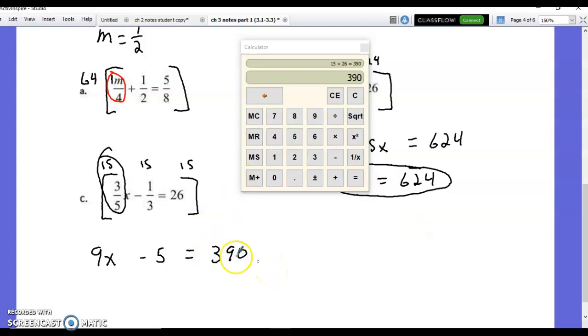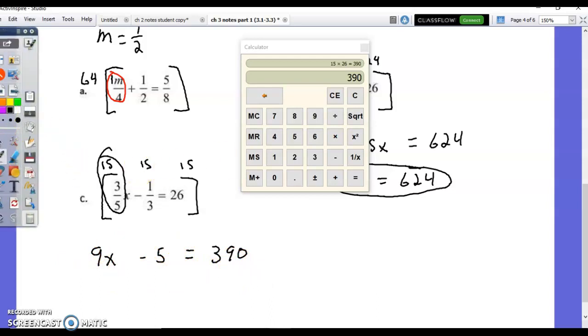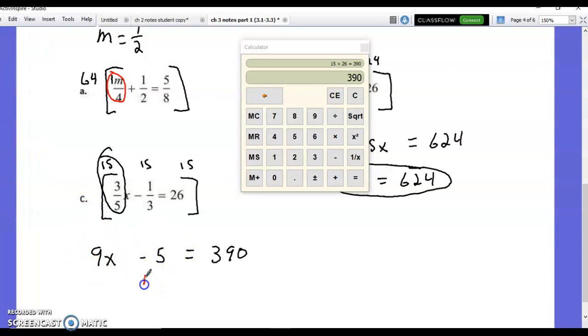All right, so then I go down here, no like terms, no distributing, so I am going to start undoing this problem. I need to get this 9x by itself, so I have to get rid of that negative 5. Let's add 5 to both sides. So that gives me 9x equals 395, so I'm adding those two together.